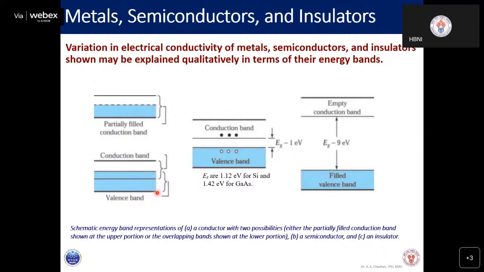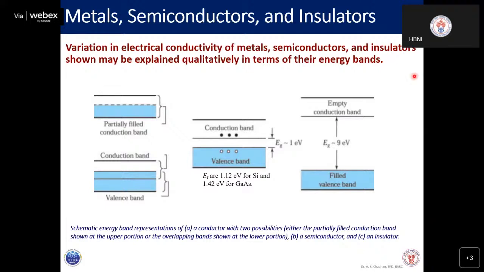You see, from this point to this point it is the valence band, and from this point to this point it is the conduction band. So it is only a conduction band, but partially filled.